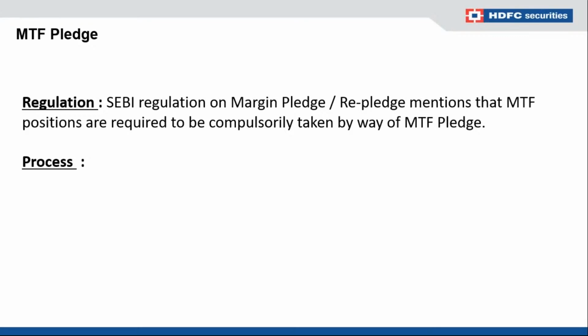It will be sent to your registered email ID and registered mobile number as updated in the DP record. You will have to authenticate the MTF pledge request link by entering your PAN card or Demat account number on T+2 days.